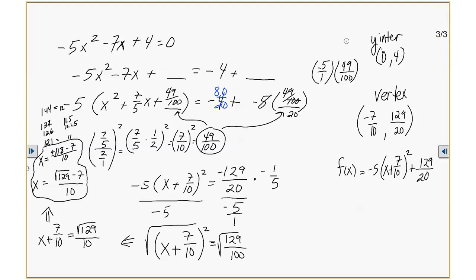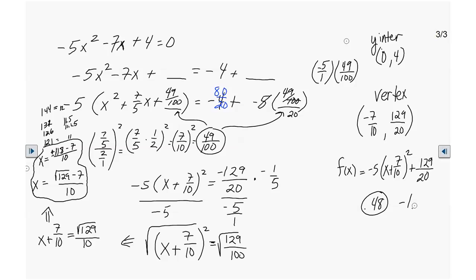So 0.48 is one x-intercept. Negative 11.8 minus 7 is negative 18.8. Negative 18.8 divided by 10 is 1.88 negative. Somebody check it.